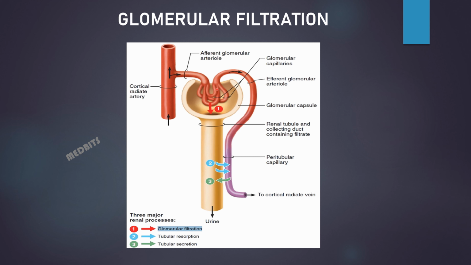After that, the blood goes out of this glomerular capsule through the efferent glomerular arteriole, and then it is going to the cortical radiate vein.